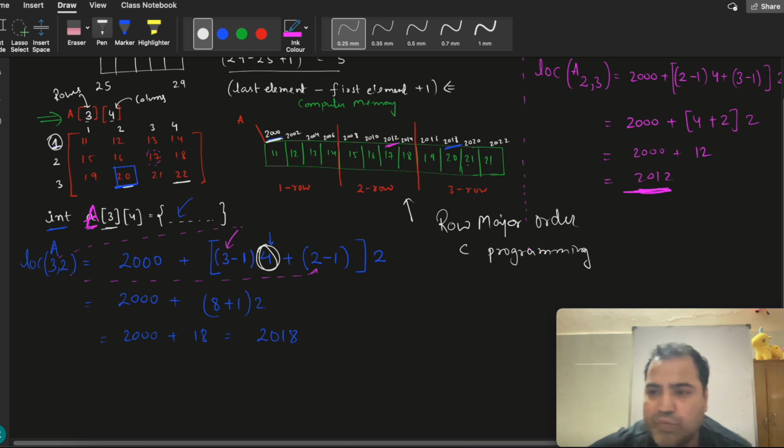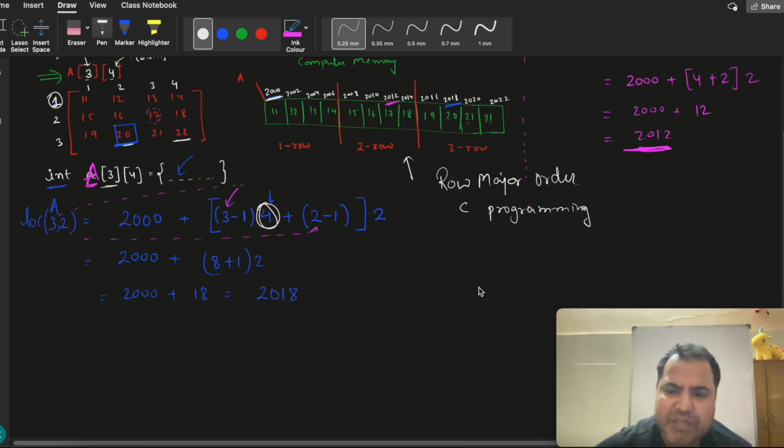So what is column major order? If we store this array column wise, I will write down the column major order for it.